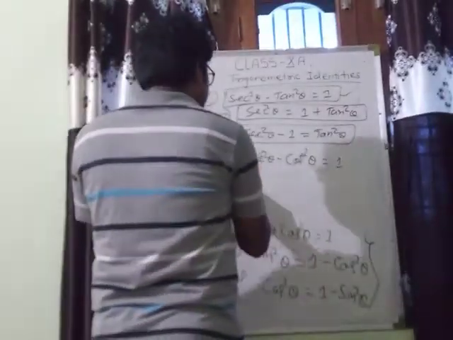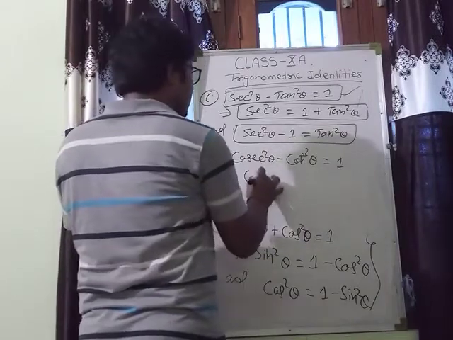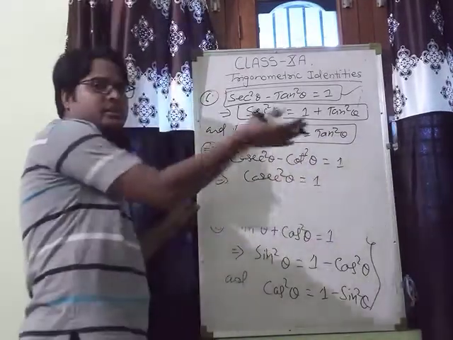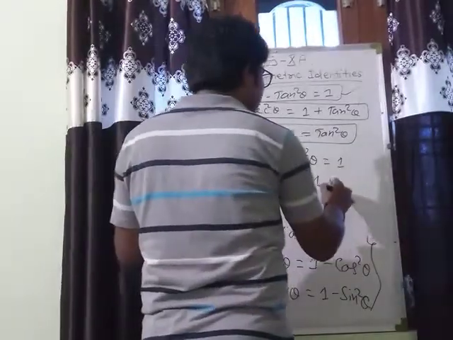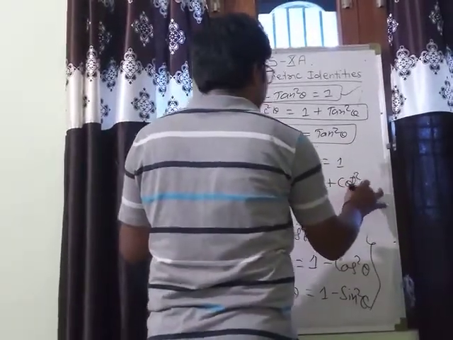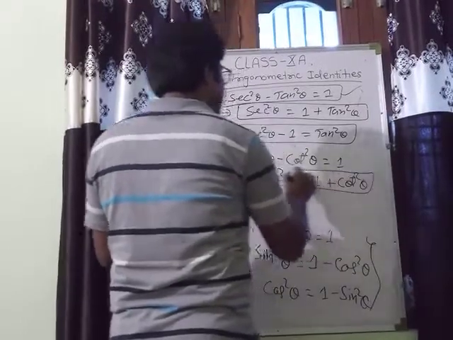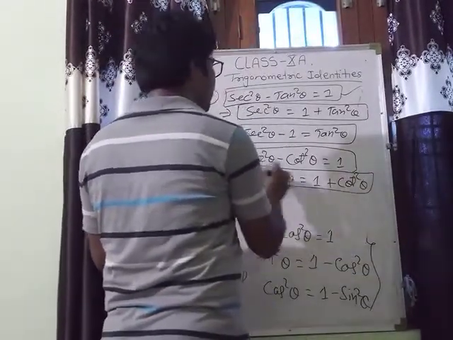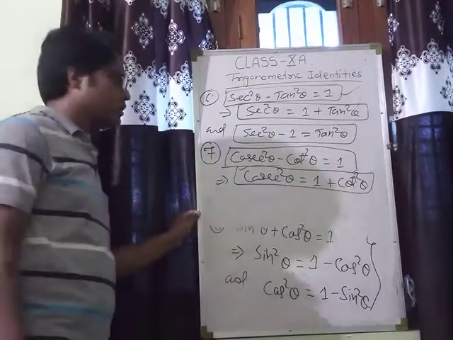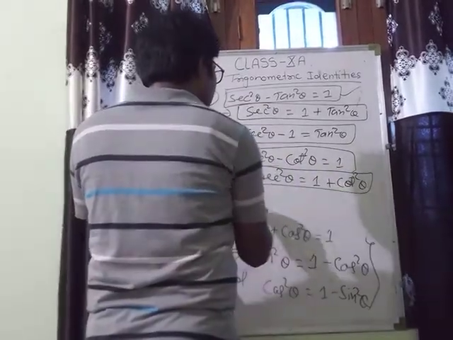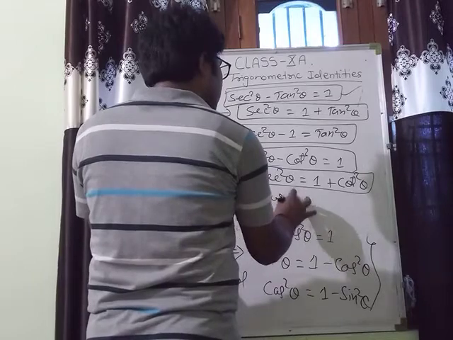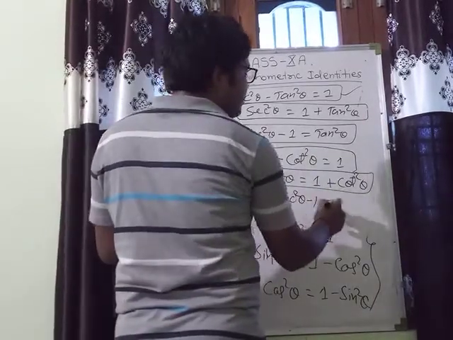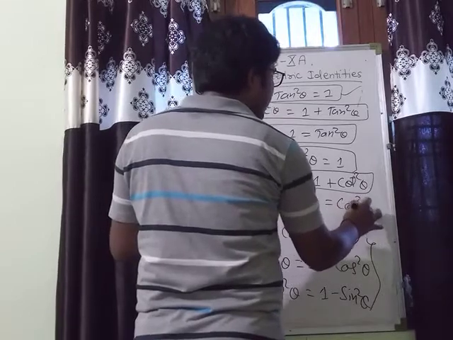And from this identity we can find cosec square theta is equal to 1, transfer this cot square theta to the right side, plus cot square theta. Clearly cosec square theta is equal to 1 plus cot square theta. And from here we have cosec square theta, transfer this 1 to the left side, that is minus 1, and that is equal to cot square theta.